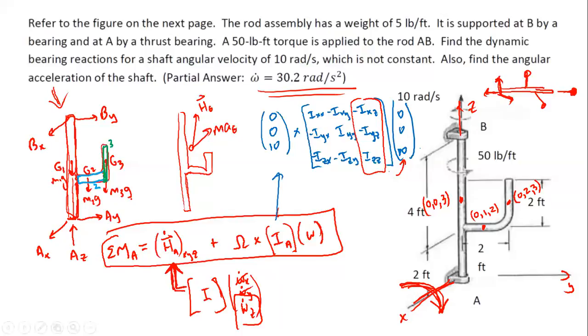So if we're just looking for the dynamic ones, then we say that these are basically small compared to. But in the end, if we're doing sum of forces, the AHZ is going to have to counteract those, right? But it ends up there's no forces in that direction, right?